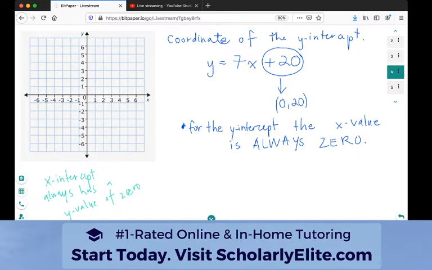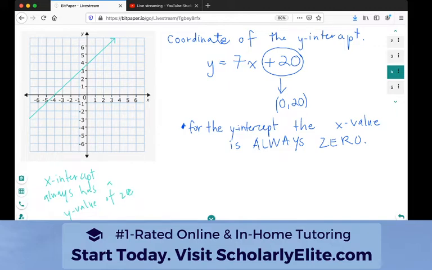Let's talk about that. Okay, guys, let's draw a straight line here, just kind of arbitrarily. Let me draw that a little bit better, just trying to get a perfect x-intercept here.